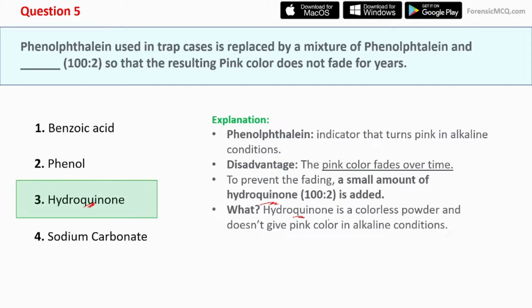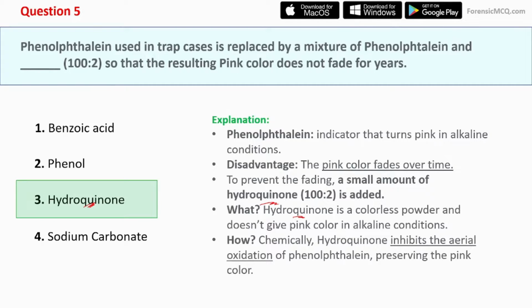So all the pink color is only from the phenolphthalein. And now let's check how it works. Hydroquinone inhibits the aryl oxidation. As you know, when a chemical sits for a long time, it goes through the oxidation phase, aryl oxidation. So it prevents that aryl oxidation.